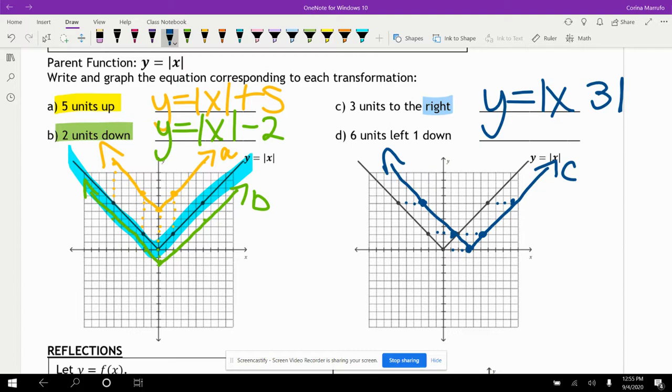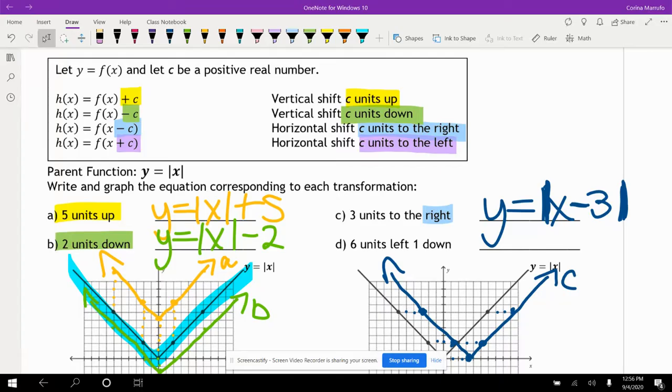Now, because we move to the right, it's going to be minus 3. So it's the absolute value of x minus 3. Now, remember your horizontal shifts, it's backwards. I know that's kind of hard to remember. If you do forget, this is a good little table for you to refer back to, to remind you in which direction you should be moving.